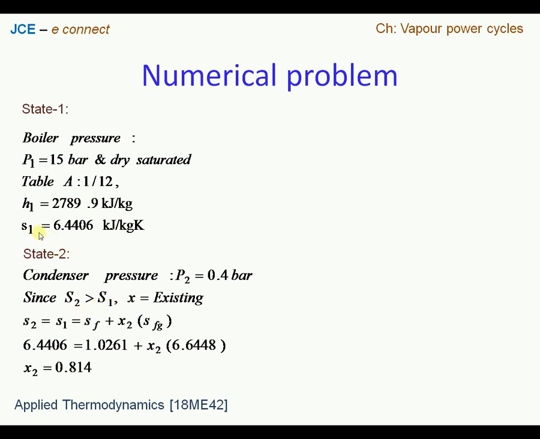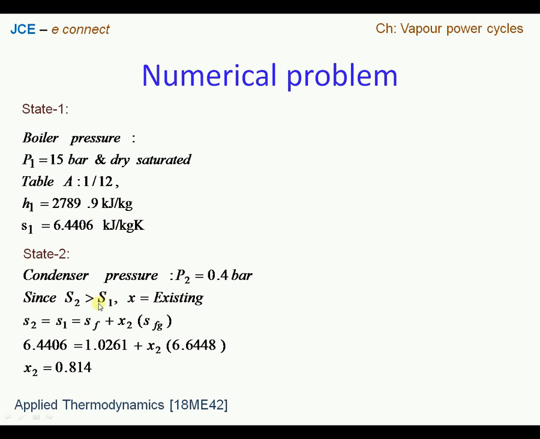That means the entropy value lies within the Sg value, that is, it is lying inside the dome. So S2, the Sg value, is dry saturated condition, and since S1 is equal to S2, the state point is inside the dome.